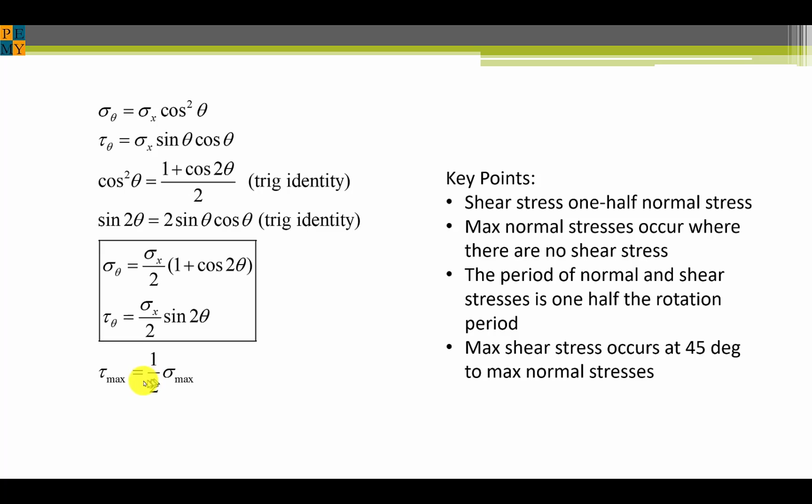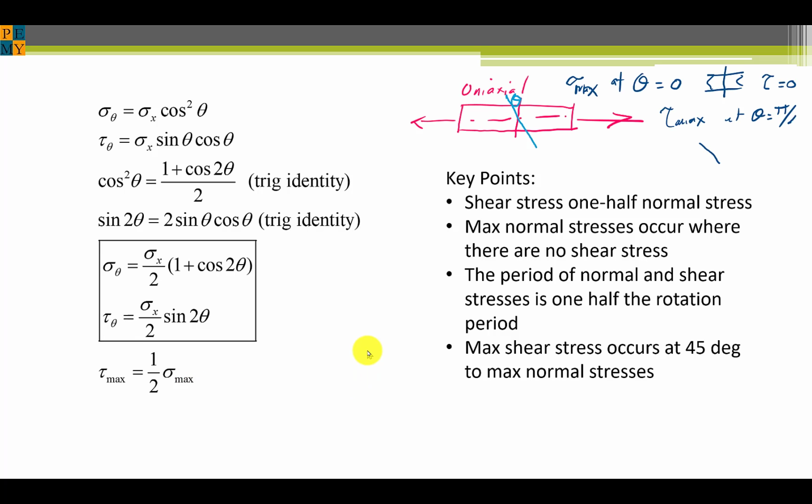To summarize the key points, we have that the maximum shearing stress is 1/2 of the maximum normal stress. If we again look at the diagram, theta equals 0 represents the cross section, since we're measuring theta as this angle here.